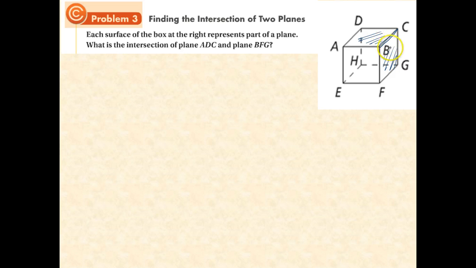Now, we're talking about two planes, not just the two sides of this cube. Two planes go on infinitely. So we're not going to say that these intersect on segment BC, because planes go on forever and planes intersect on a line. So we're going to say they intersect on line BC.